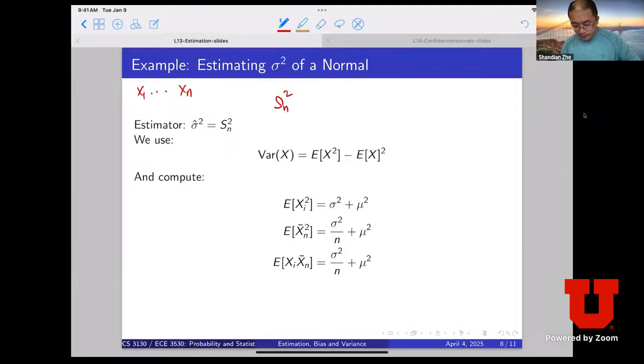The sample variance takes a slightly bizarre form: 1 over n minus 1, times the summation from j equals 1 to n of (xj minus x-bar n) squared. So it is the sum of the squares of the differences between each random variable xj and the sample mean, divided by n minus 1, not n.